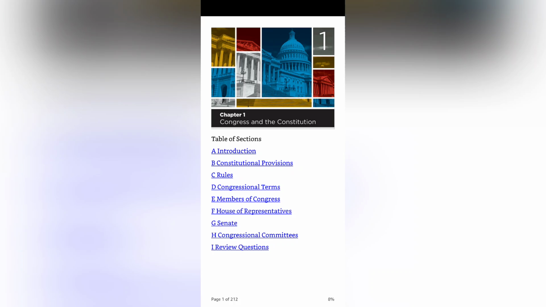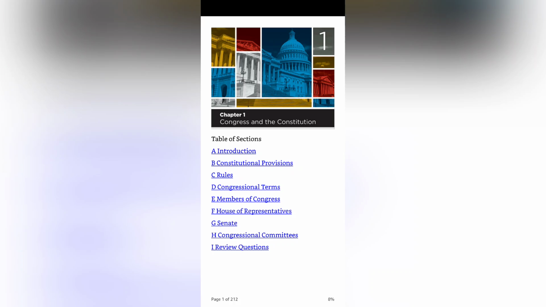Therefore, in order to advance any bill or resolution in the next Congress, it must be reintroduced. An exception are treaties submitted to the Senate by the President for ratification, which carry over from one Congress to the next.